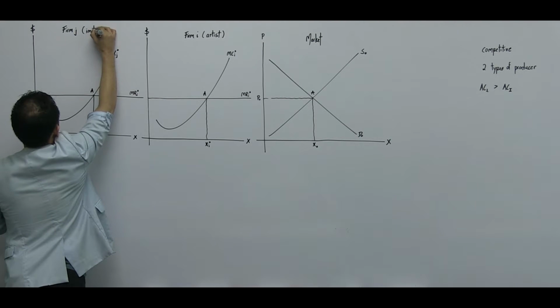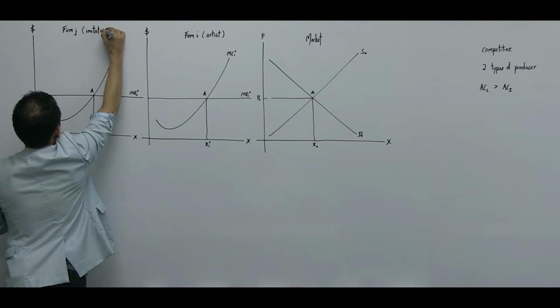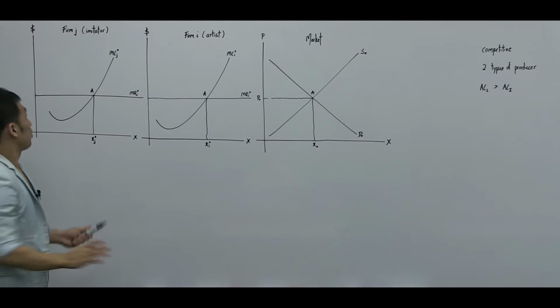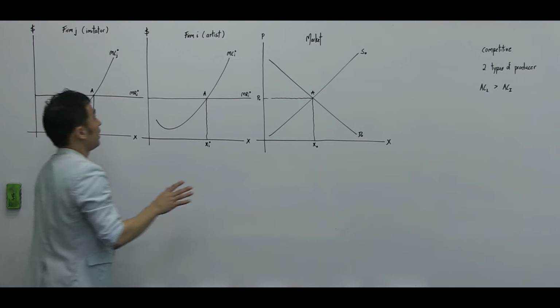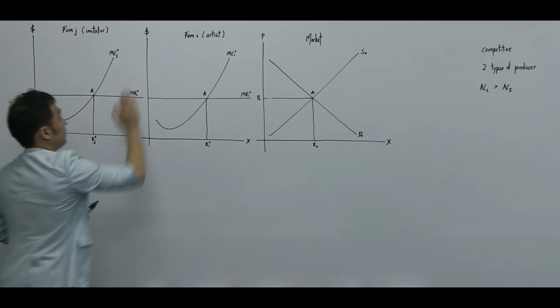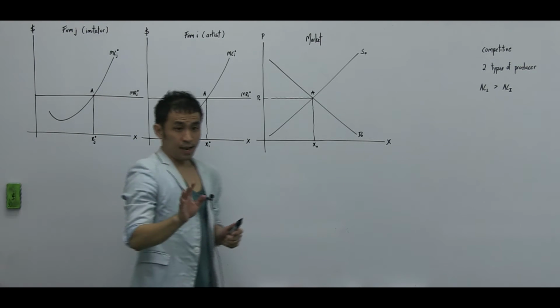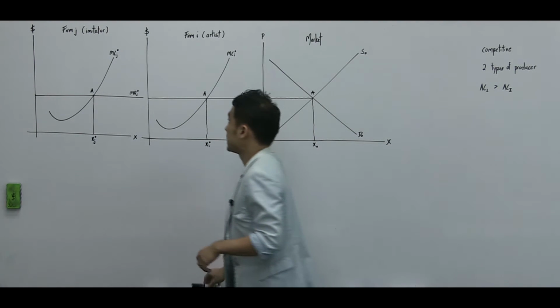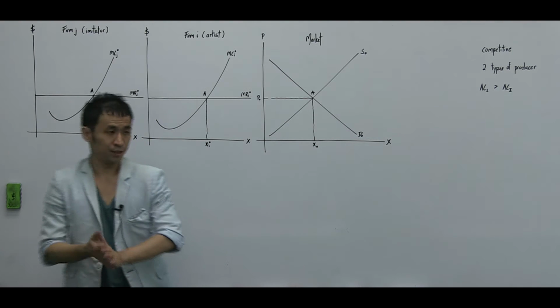Okay, this is your artist and this is your imitator. And you know that when you draw this one, imitator AC must always be lower than artist. Okay? Slightly different, huh? Take note of this. It's not easy. It's tricky, actually.